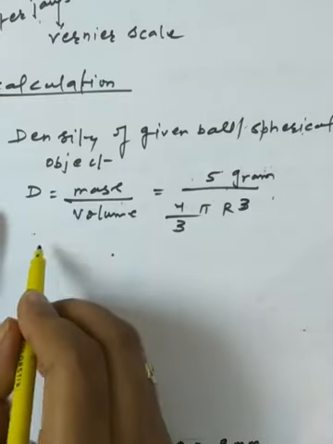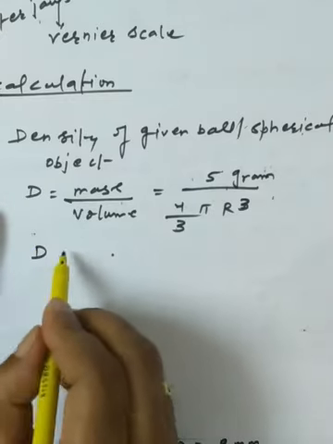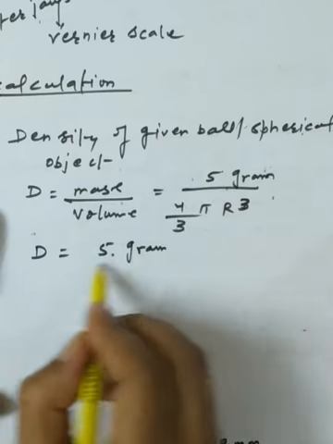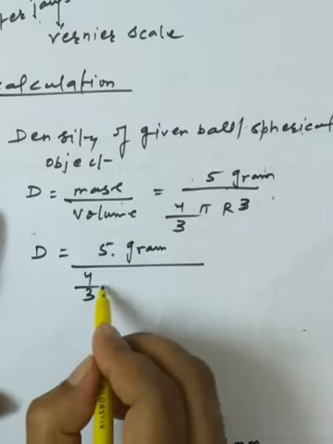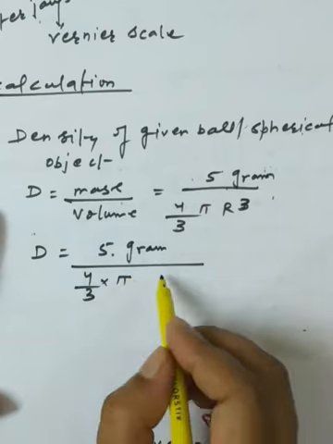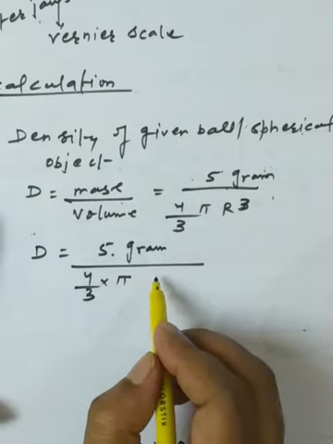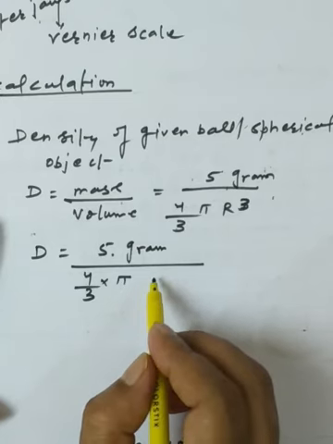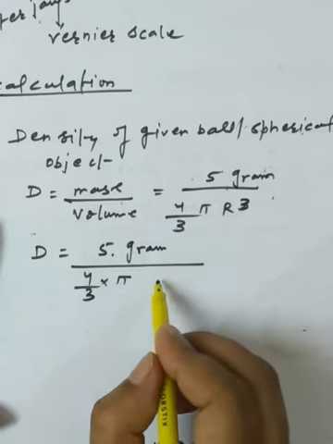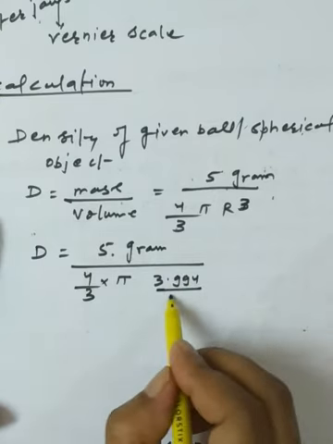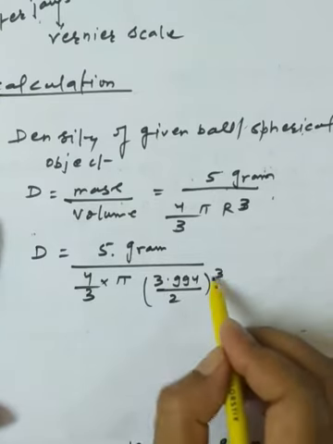So I am just making the calculation that density is equal to 5 gram upon 4 by 3 into pi r cube, and the r we have from the diameter. So we write 3.994 divided by 2, which gives the radius.